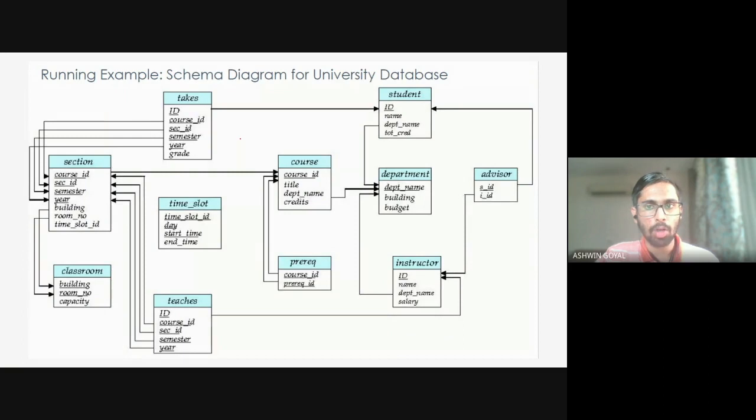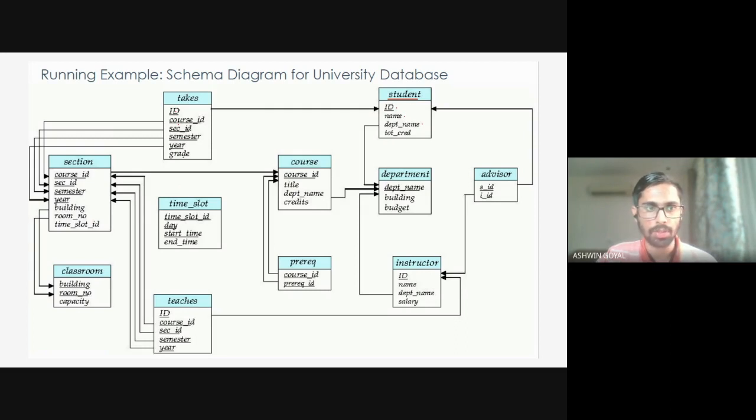This is an example of a relational database. For example, this is a student table, and these are the fields: ID, name, department name, total credits. Then there's a takes table, with ID, course ID, section ID, semester.